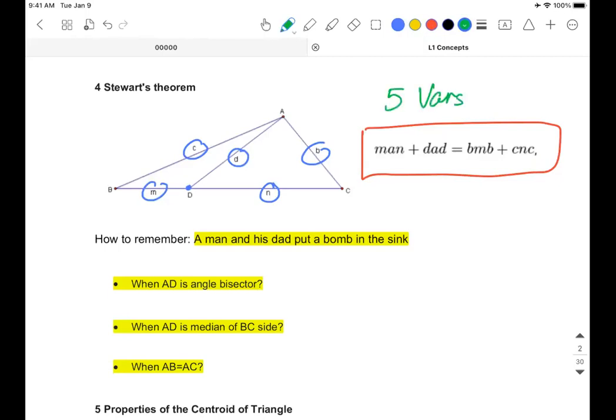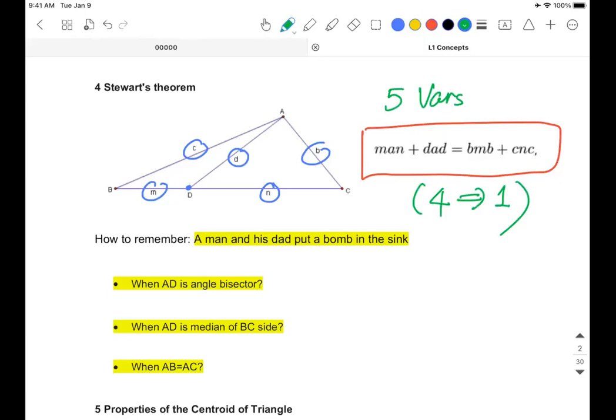As long as you know 4 variables, you will be able to calculate the last variable, and the last variable is uniquely determined by such an equation, which is very interesting, right? Because there's nothing really special about the triangle, but you can have such a fixed relationship between all the segments.